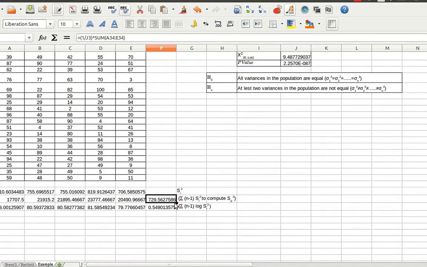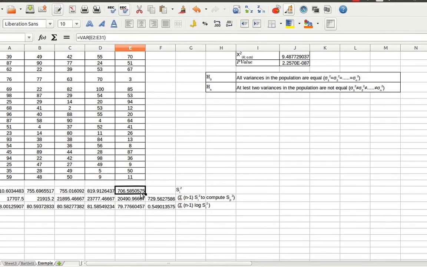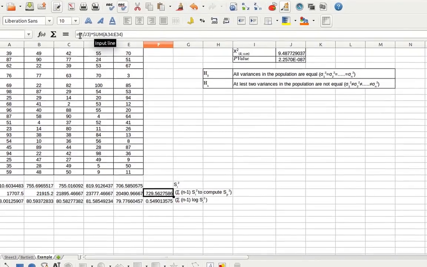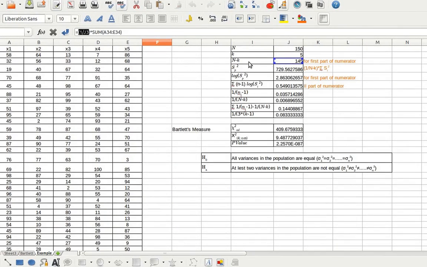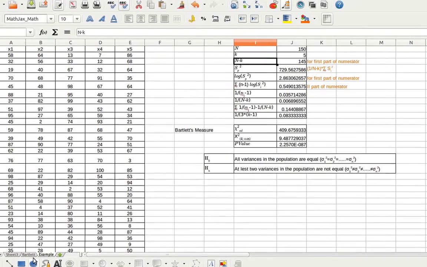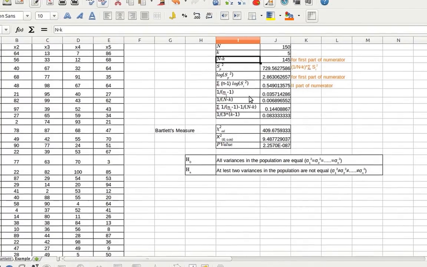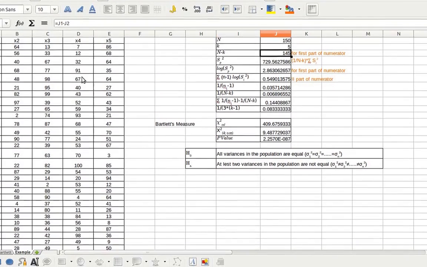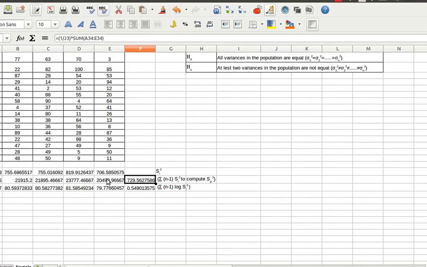Sp square is going to be the n minus 1 multiplied by the variance, and here you can see I divided it by n minus k, where in j3 I have n minus k. So we are going to compute the pooled variance, 1 by n minus k multiplied by the sum of the n minus 1 si square.